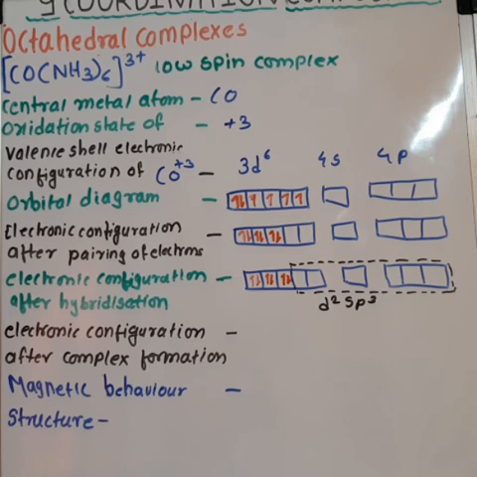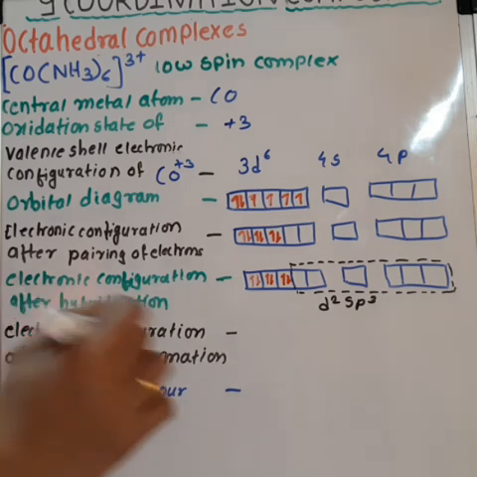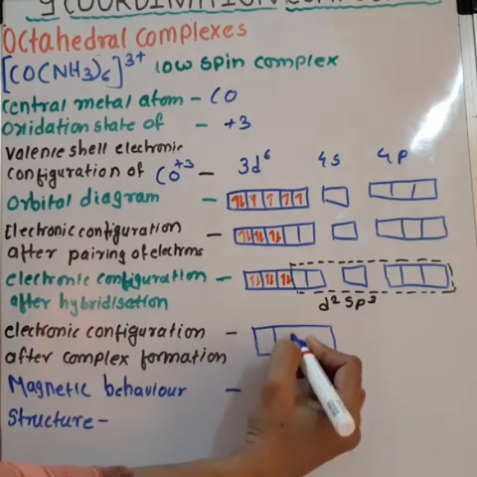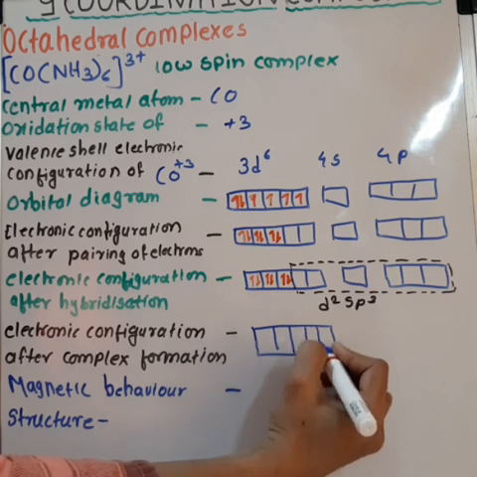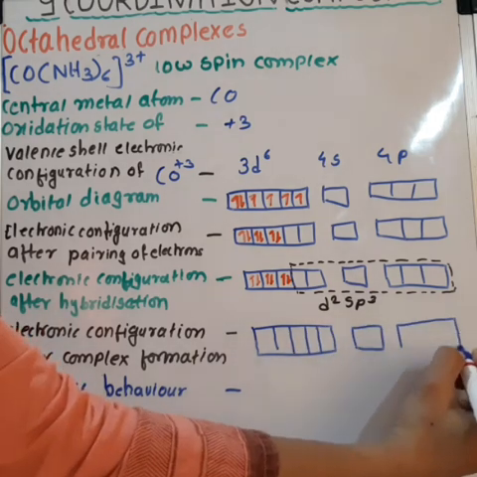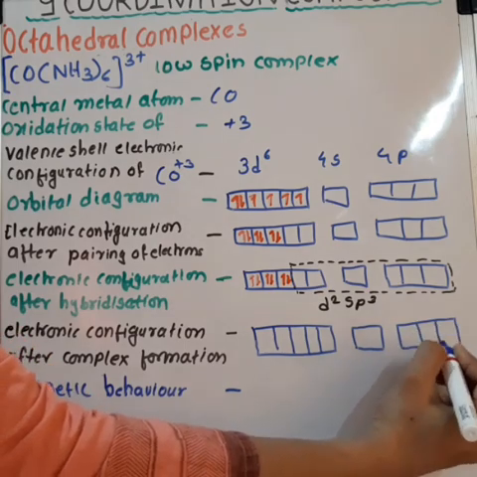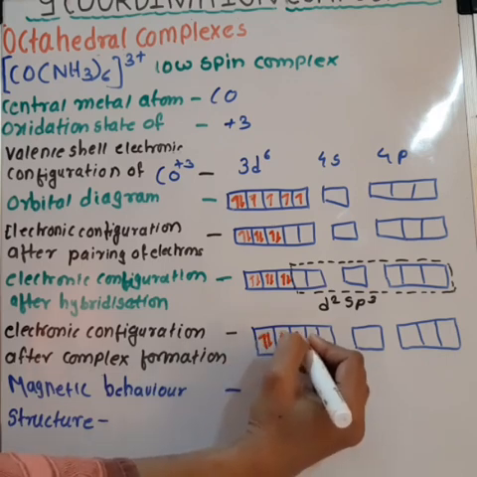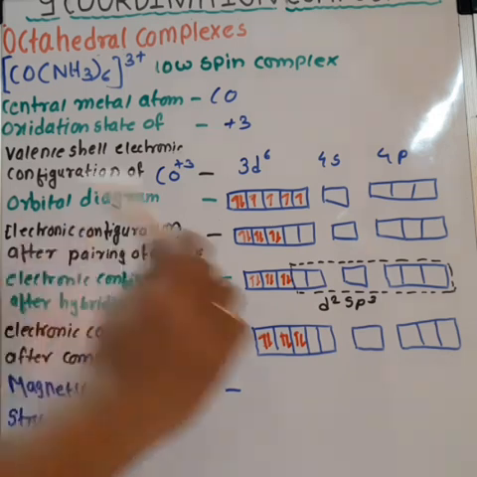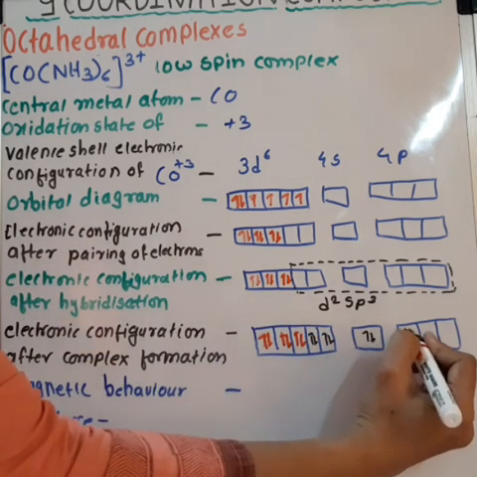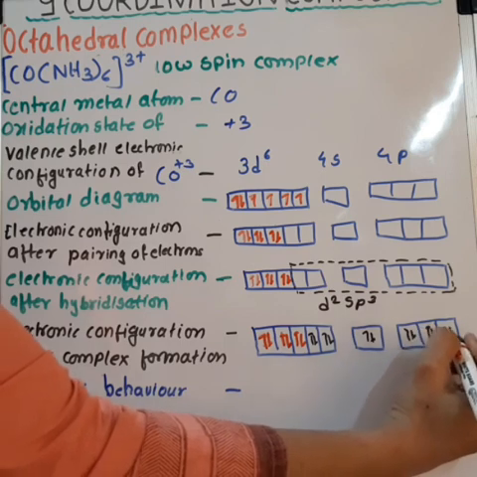So after complex formation, the electronic configuration will be as shown.